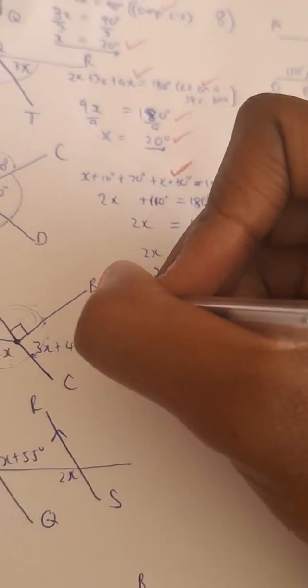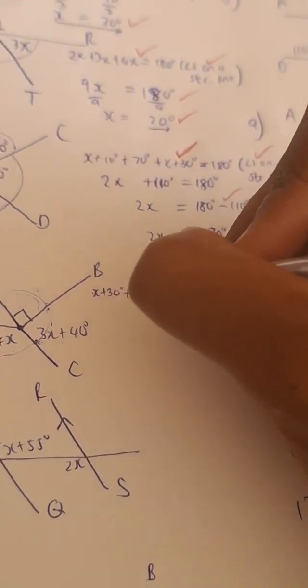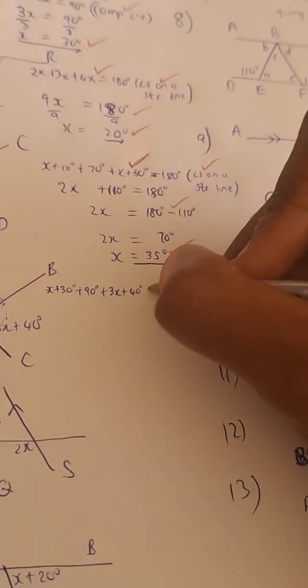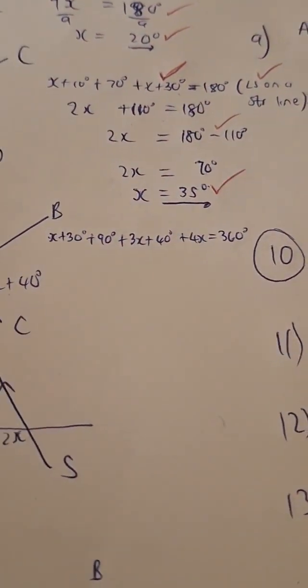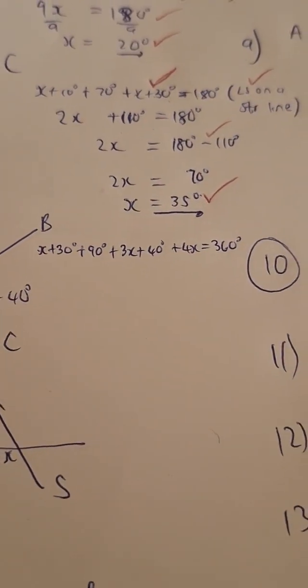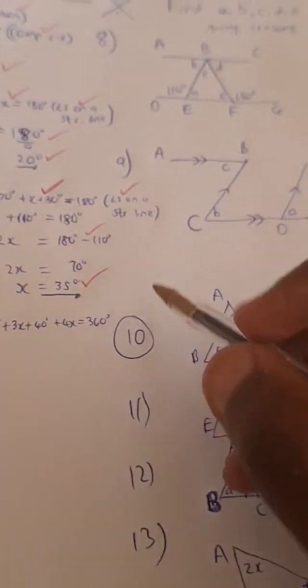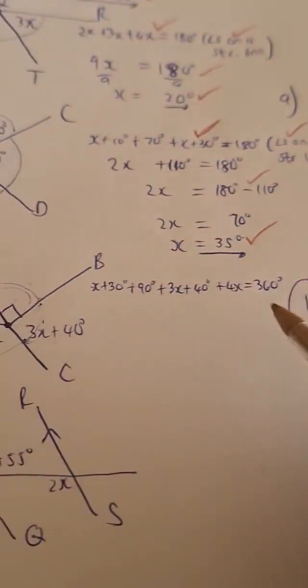So when you answer it, x plus 30 degrees plus 90 plus 3x plus 40 plus 4x is equal to 360 degrees. You see? Are you with me? Reason, we write that reason that is appropriate. Please excuse me, this was obviously my numbering for the other problem.